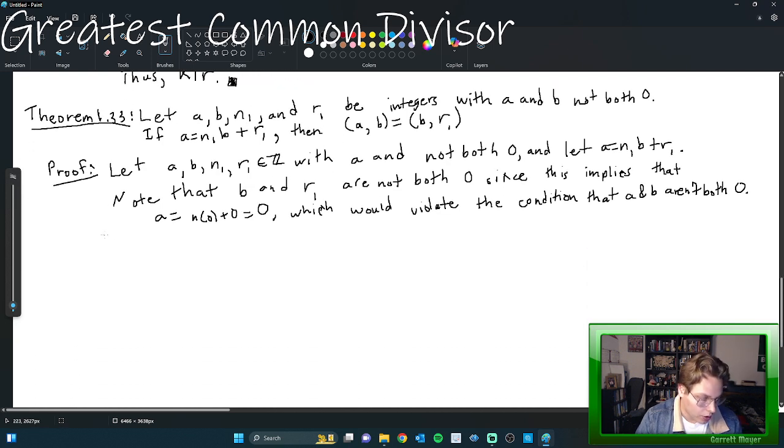Okay, another thing to note is that if we can prove that for any integer that divides both A and B, that integer also divides both B and R1, and that the converse is true. I'll write this out before I explain it.